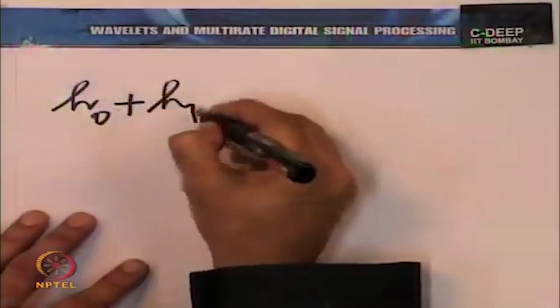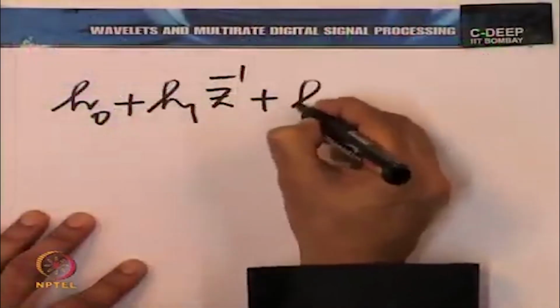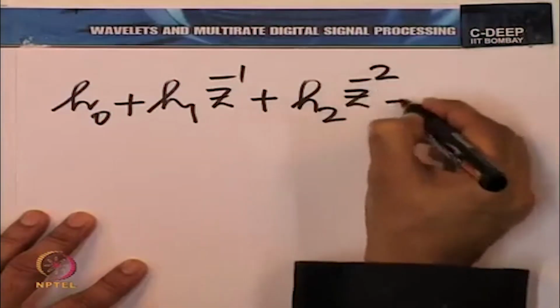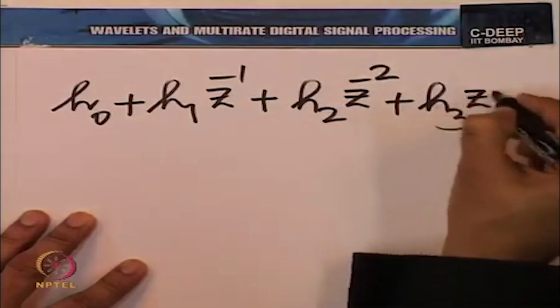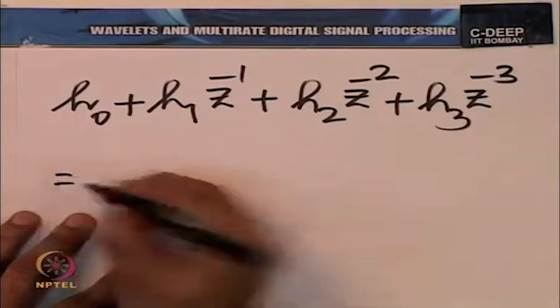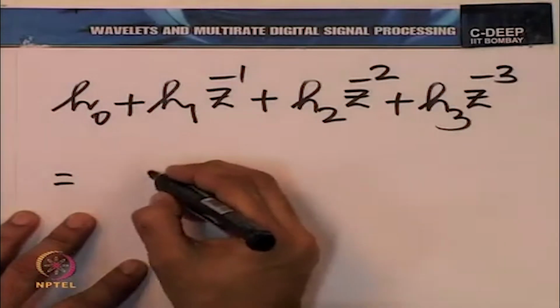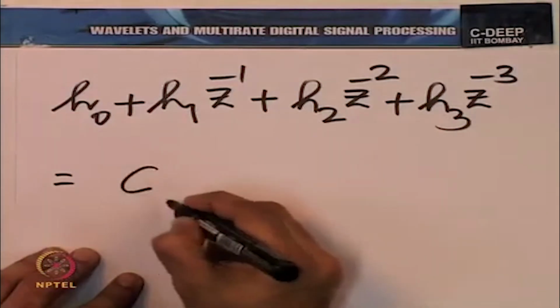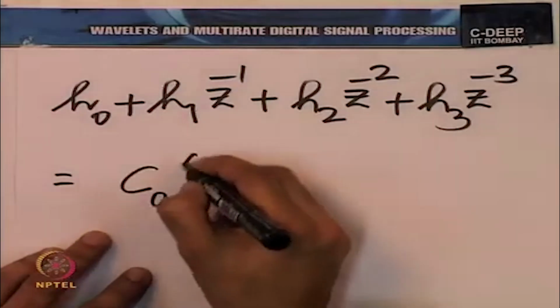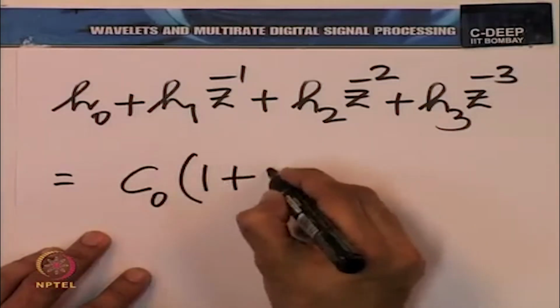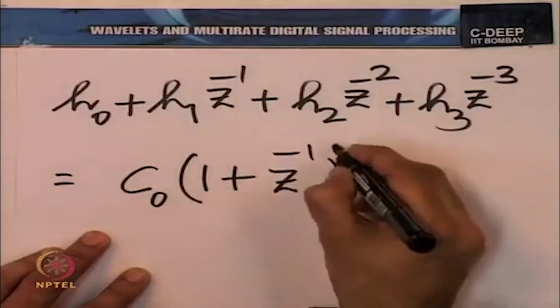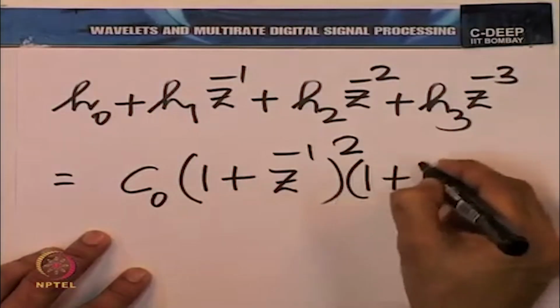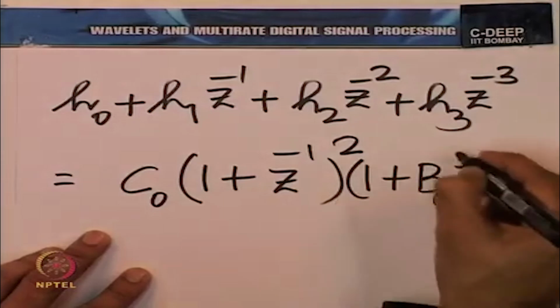We have H 0 plus H 1 z raised to the minus 1 plus H 2 z raised to the minus 2 plus H 3 z raised to the minus 3 is of the form some constant, let us say C 0 if you please, times 1 plus z inverse the whole squared times 1 plus B 0 z inverse.